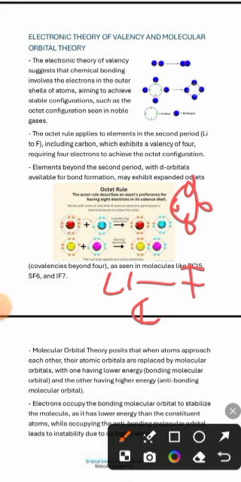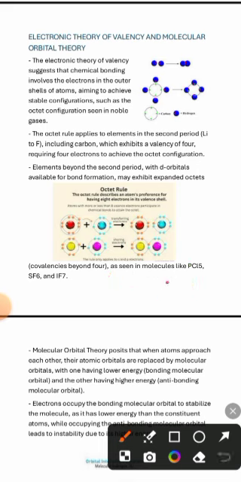Elements beyond the second period with d orbitals available for bond formation may exhibit expanded octets because they have covalencies beyond 4. Like for carbon, the highest covalency is 4 for the second period.